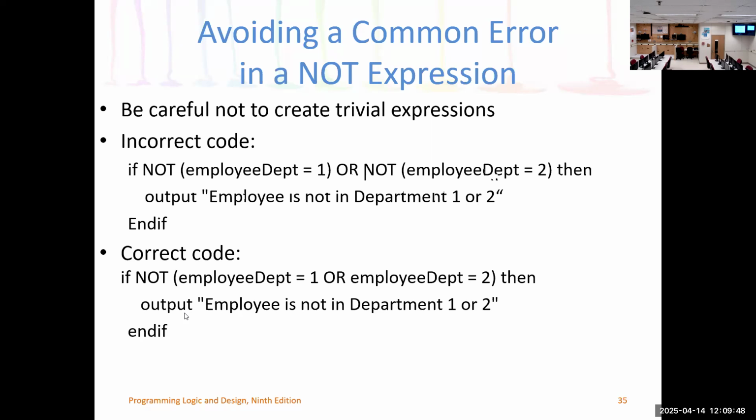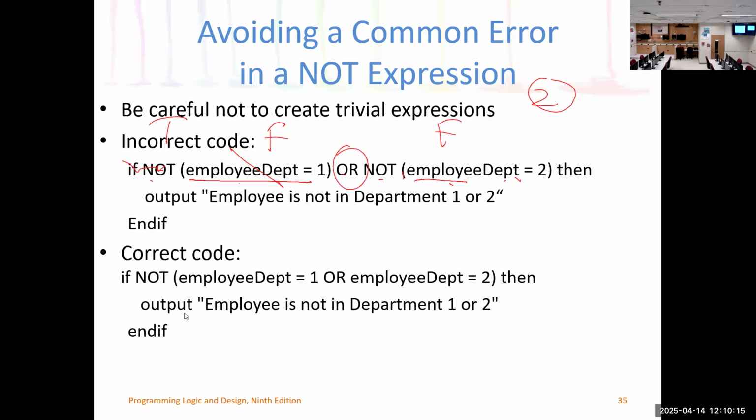Now please look at this one here. Let me give you an example. If the employee department number is 2, you can see what happened. Employee department number 1, this one is 4. But not of the 4, you have to choose here. And not of employee department number 2, not of them, you have 4.